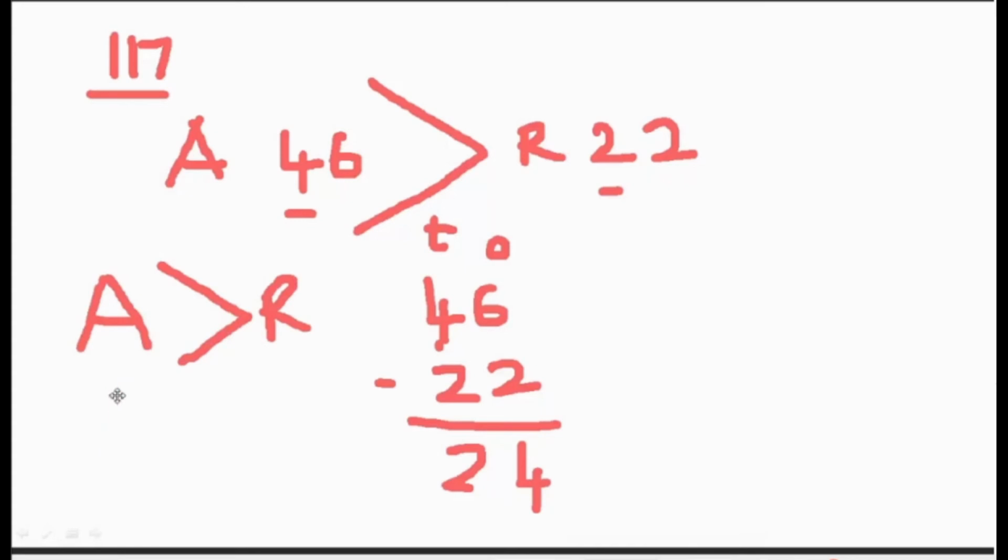How many more or less? We've got the answer as 24. Is 24 more for Anjali or less for Anjali? More for Anjali. So Anjali is having 24 pencils more than Rima, and Rima is having 24 pencils less than Anjali. So Anjali has more and Rima has less pencil.